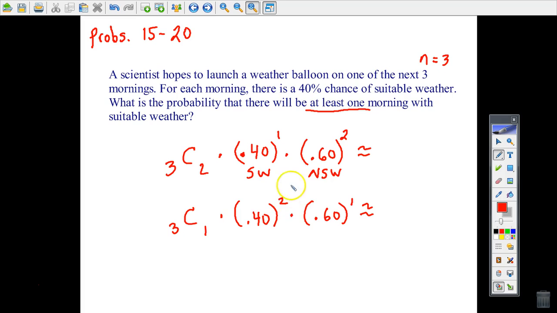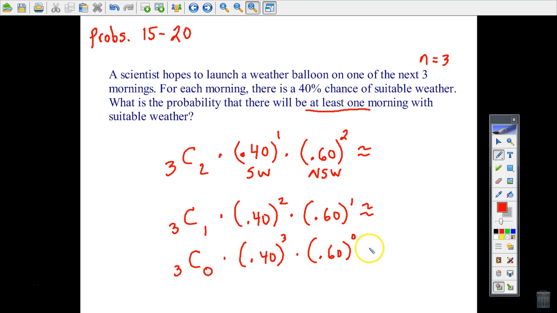And not only that, since there's a total of 3 mornings, there's a possibility that all 3 could be suitable, since it says at least 1. So, once again, suitable weather. If all 3 mornings are suitable, then I want to raise that probability percentage to the third, which means that this would be raised to the 0.